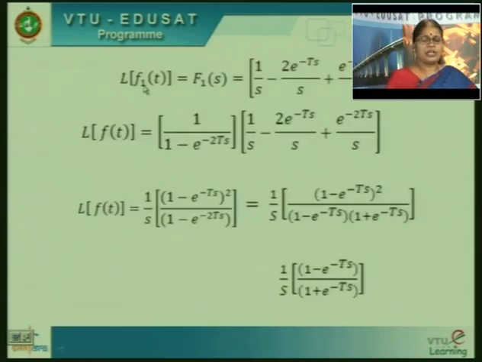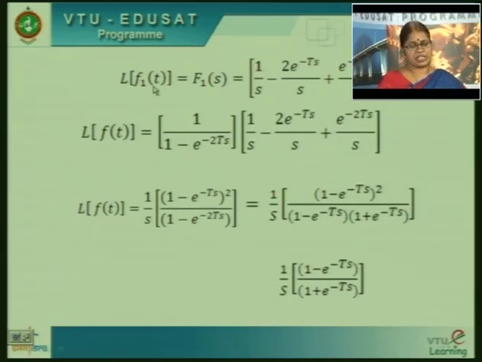So, if I take Laplace transform of f1 of t, that is Laplace transform of first cycle, you remember it has a unit step function, then minus of a delayed step function with magnitude 2 plus another delayed step function which is delayed by time 2T with unit magnitude.